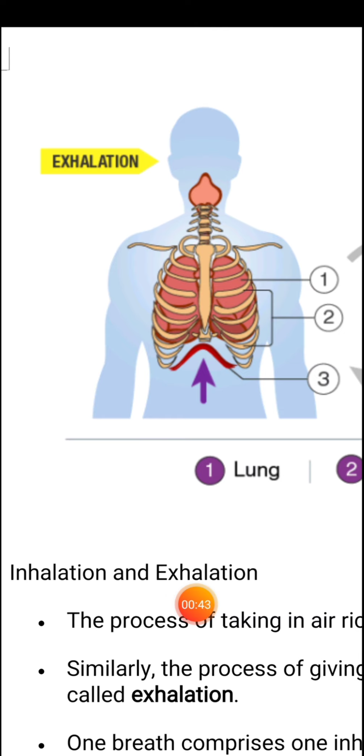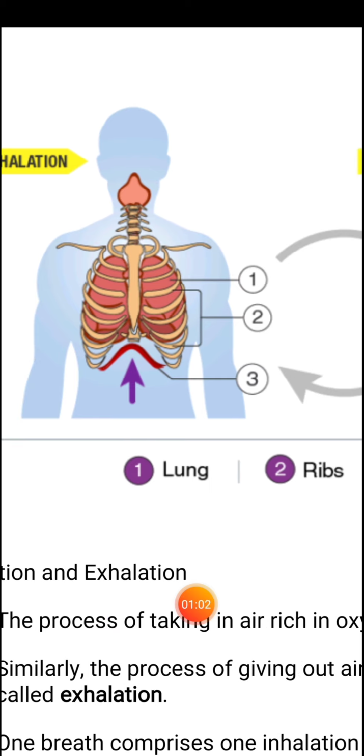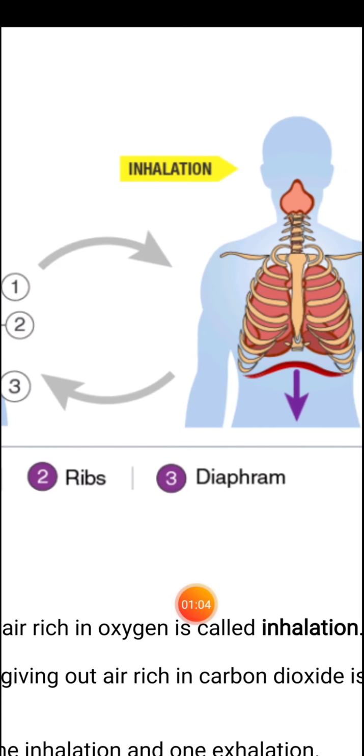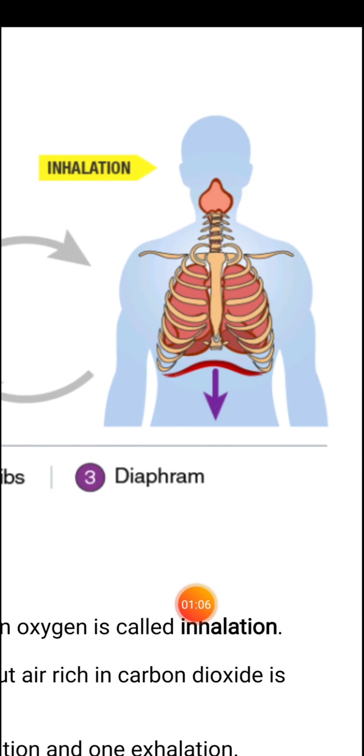When we are exhaling, the rib cage will relax and the diaphragm also comes to a relaxed stage. Relaxed stage means it comes to a C-shaped structure. Then, when it is inhalation, the opposite will happen.